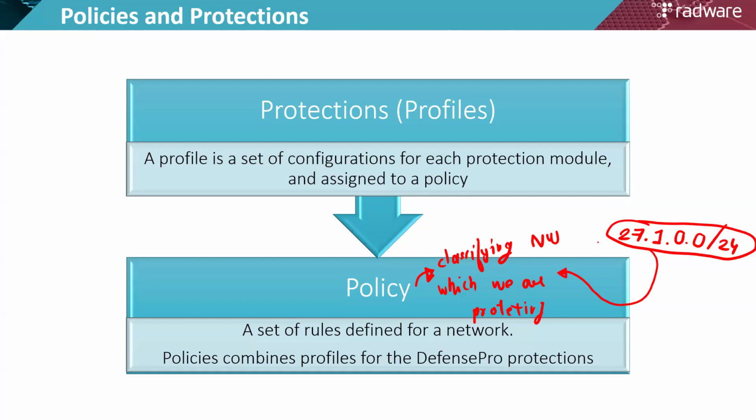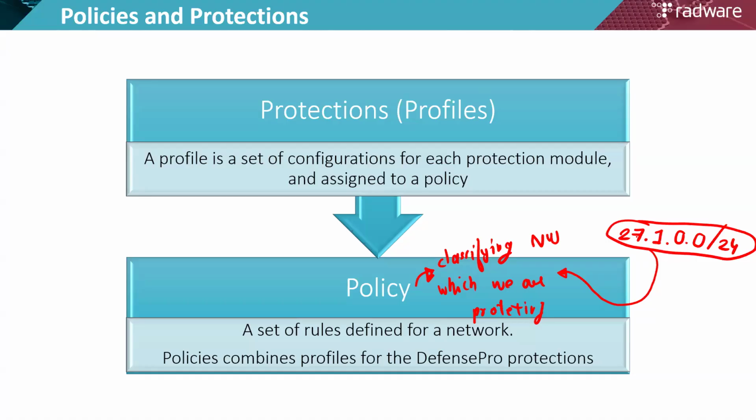We need to specify within the policy that we are trying to protect this particular network. This classification can be done with the help of various other parameters as well. It is not just the IP address. We can classify the traffic based on VLANs, we can classify based on the layer 7 ports, or we can classify based on the traffic that you're receiving on a physical port.